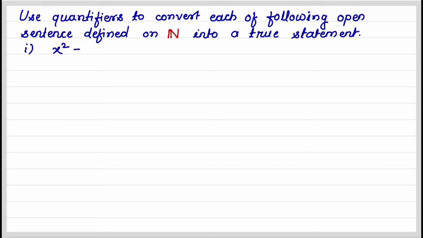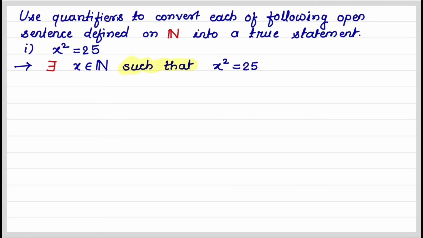First example: x square is equal to 25. Is it true for every natural number? No. It is true for only one natural number. Therefore, we have to use the existential quantifier. There exists x belonging to N such that x square is equal to 25. Such that is a connective. Remember this.